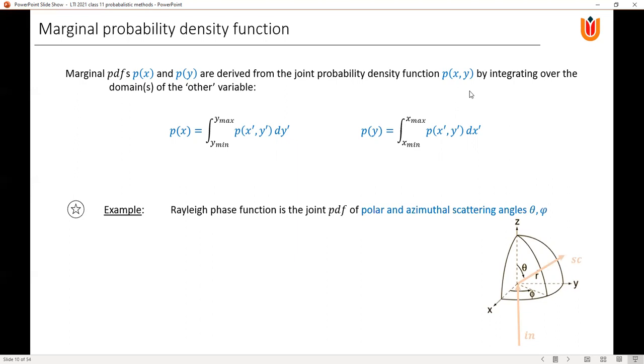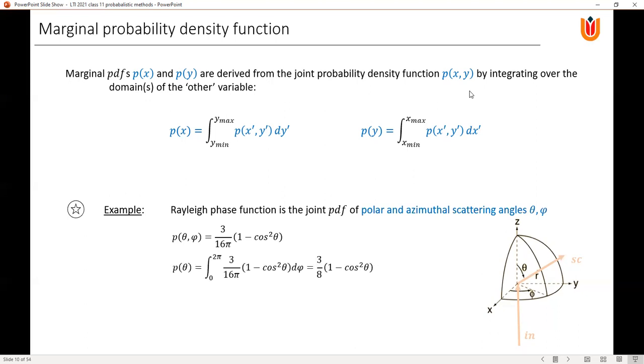The Rayleigh phase function, the joint probability density function of scattering into angles theta and phi, was given by this expression: 3 over 16 pi times 1 plus cosine squared theta. As you can see, there is no phi dependence in this phase function, but nevertheless, it is a joint PDF.